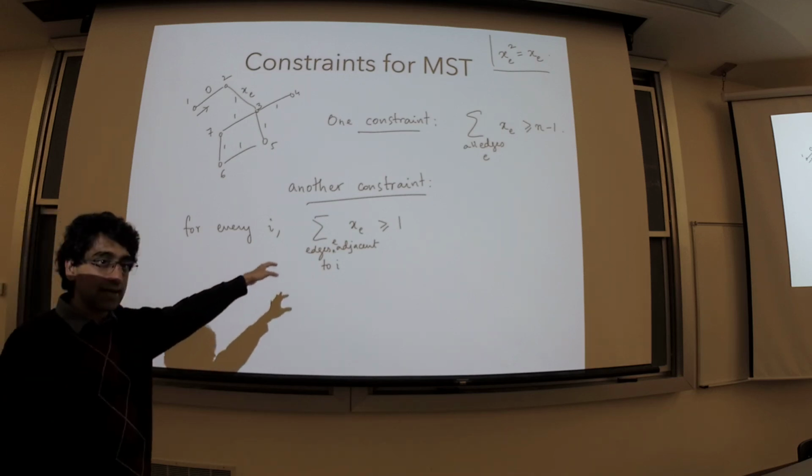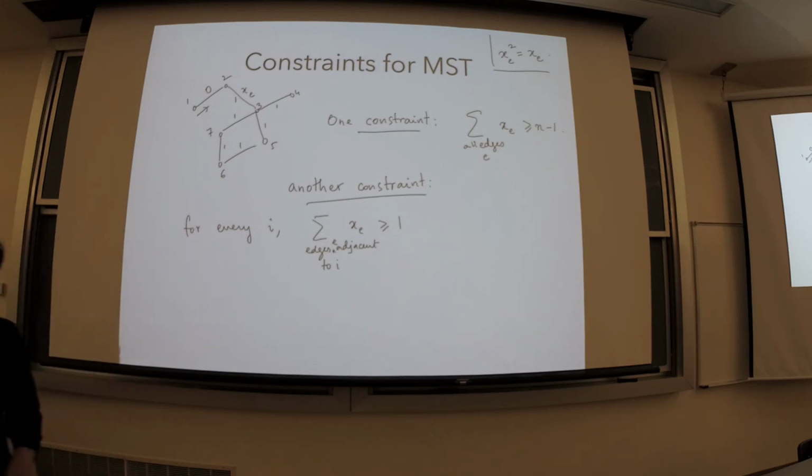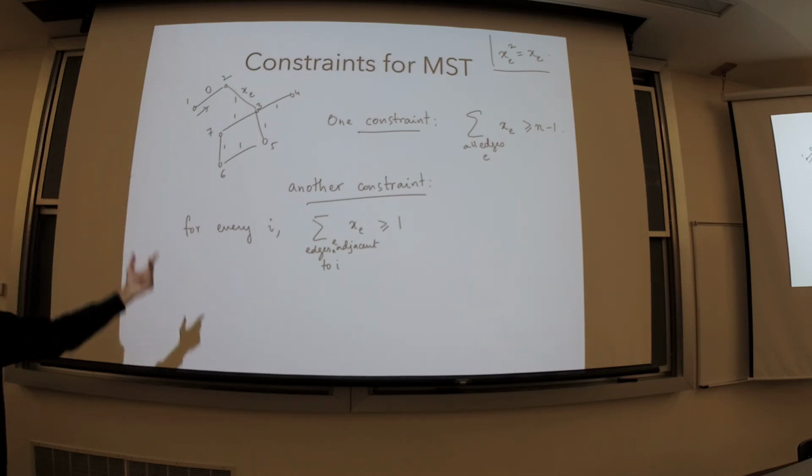So this is again a constraint that any spanning tree should satisfy. Because if you hope to connect this vertex to every other vertex, and your graph is not like a single vertex or something, you must have one edge going out of every vertex. But again, there are examples where these two will not be enough.